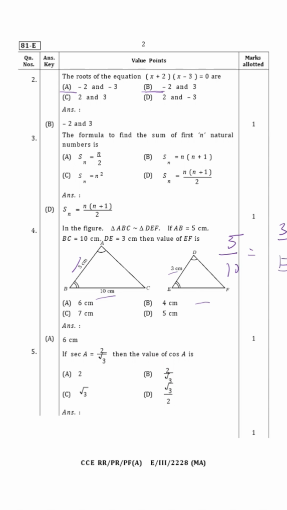So EF is equal to 3 into 10 by 5, that is 6. So option A, 6, is correct.